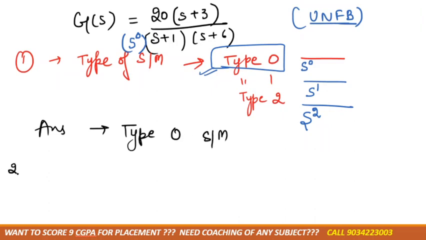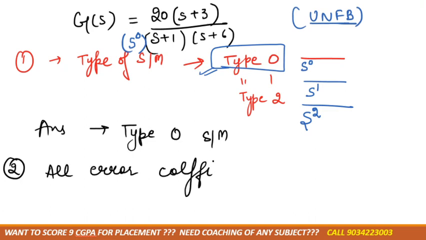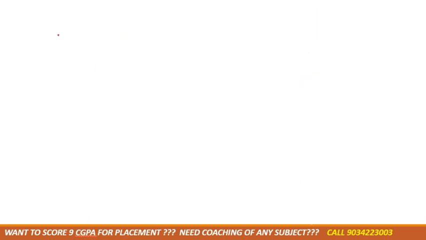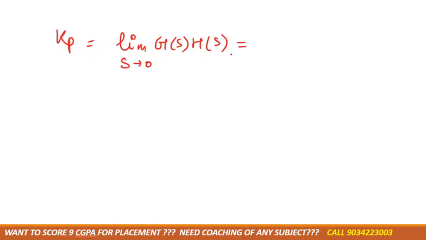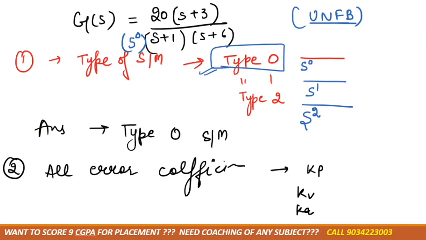Now in the second part they ask you for all the error coefficients. All error coefficients means they ask you for the values of Kp, Kv and Ka. So as I told you, the formula for Kp is limit s tending to 0 of G(s)H(s), correct?